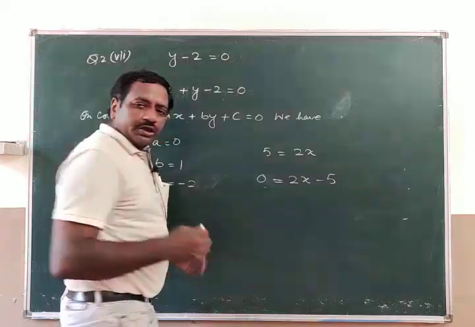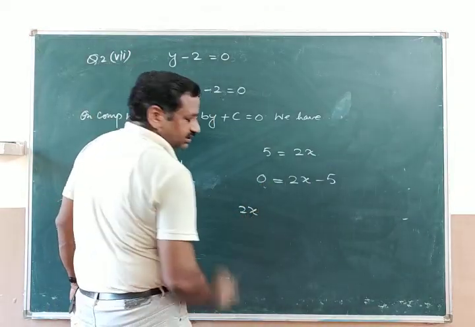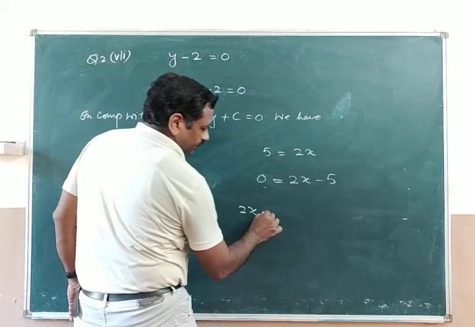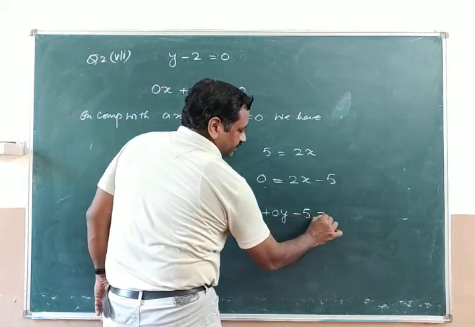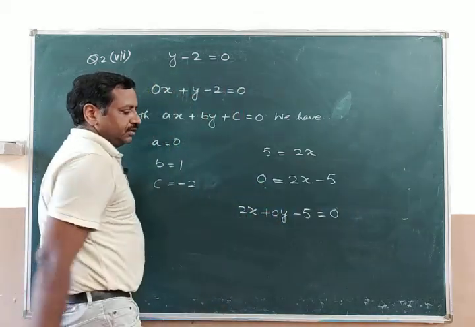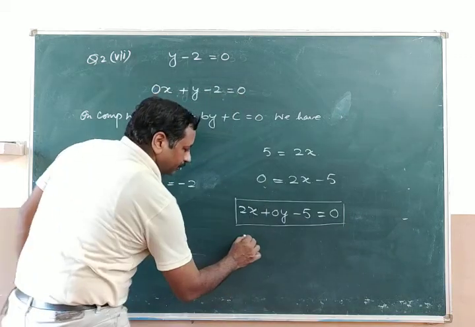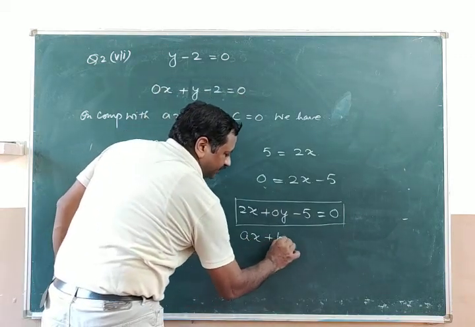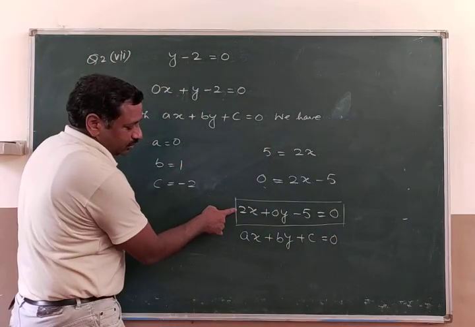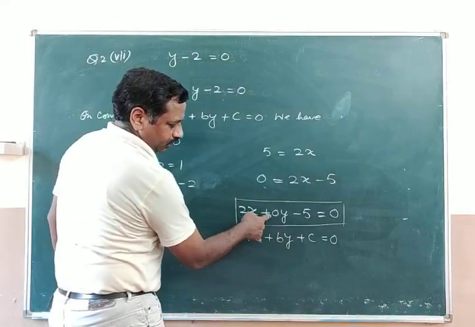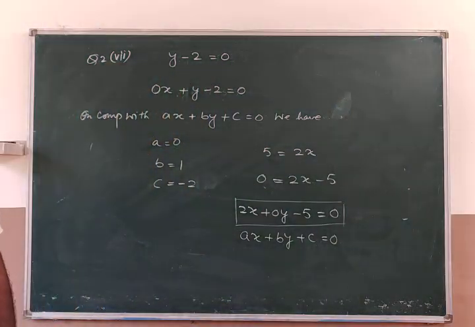To include the second variable we will put 2x plus 0y minus 5 equal to 0. So this is my general form. Compare it with ax plus by plus c equal to 0. You will have a equal to 2, b equal to 0, c equal to minus 5.